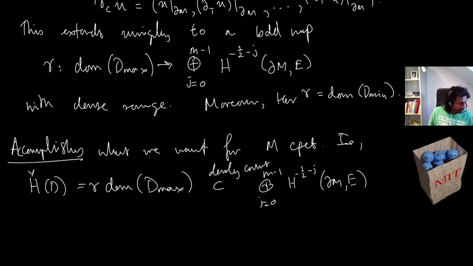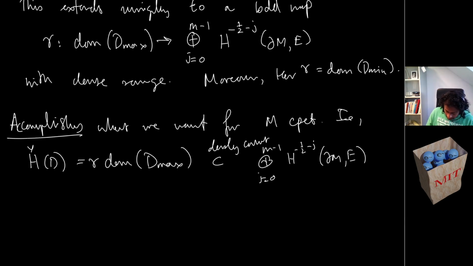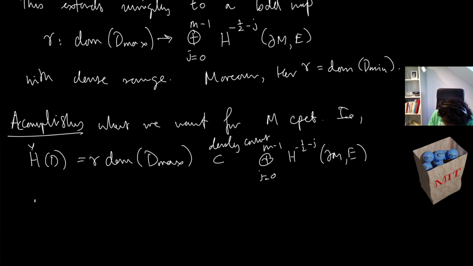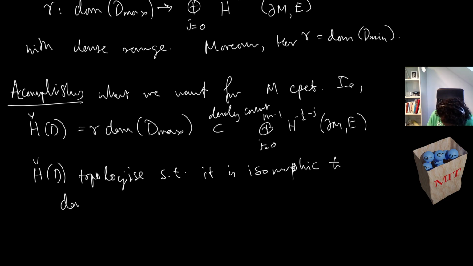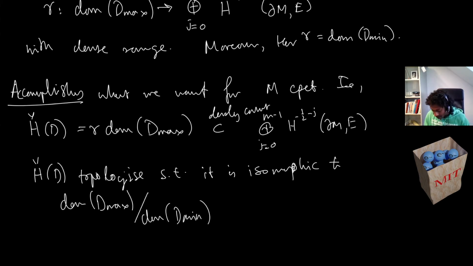And so first of all, they're densely contained, and that means we can topologize such that it is isomorphic to DOM D max mod our DOM D min, because we also have information about the kernel of this.